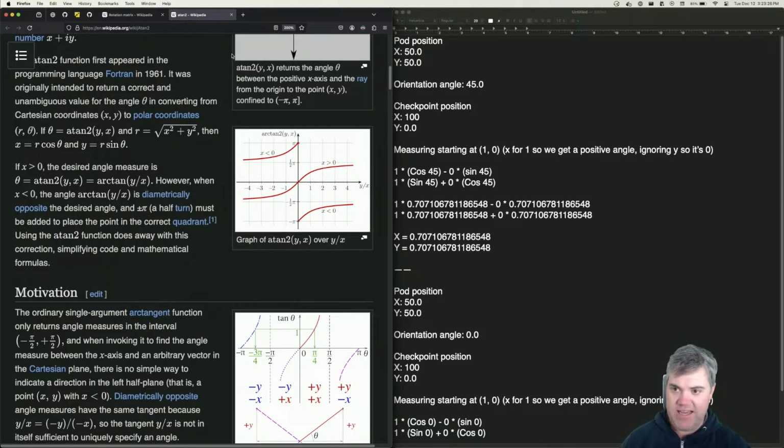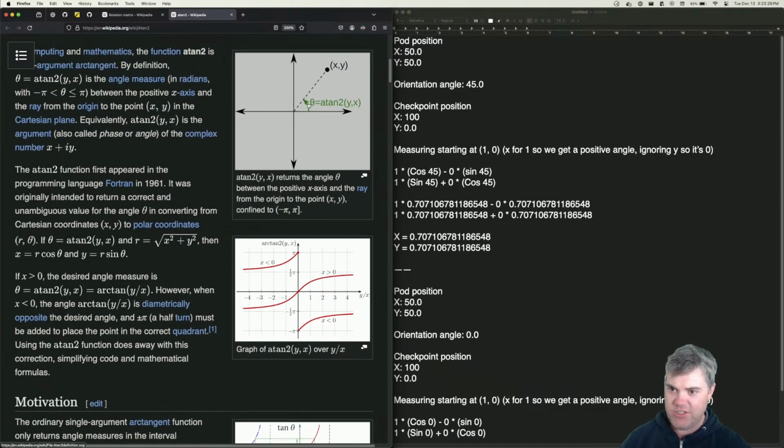So if I give it the angle, I then also give it the y and then the x of my position.